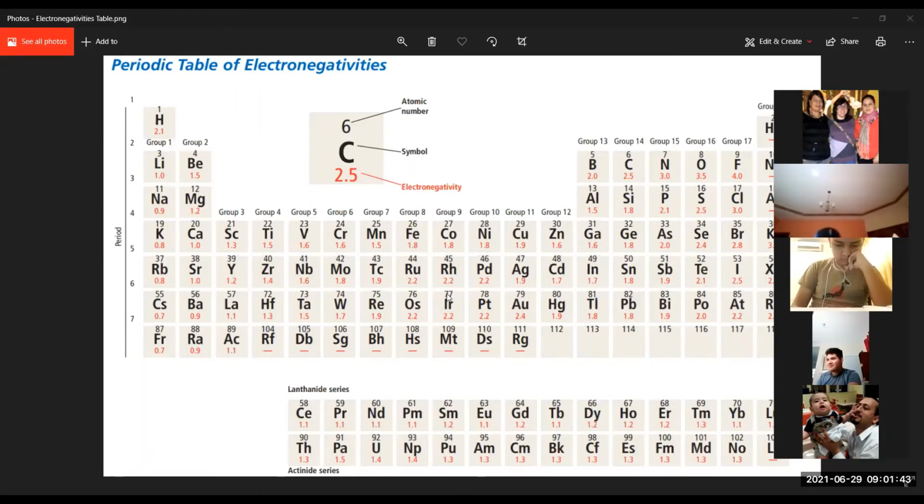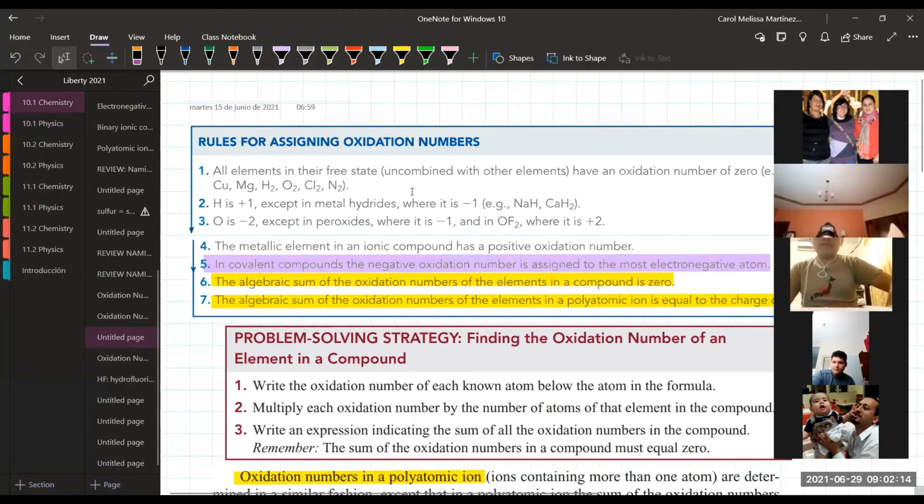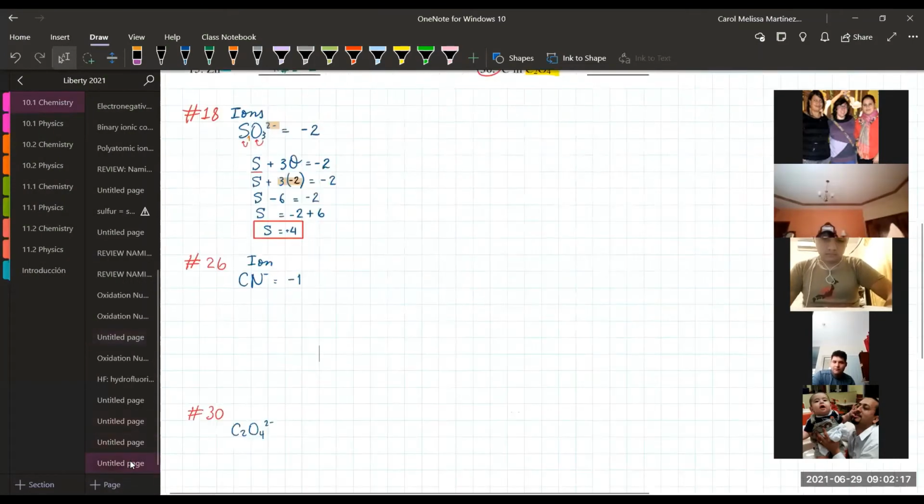Okay, take a look at the electronegativity of carbon. It is 2.5. The electronegativity for nitrogen is 3.0. Okay? Remember these values. Javier, are you in my class or are you being distracted by the TV or something else? Carbon is 2.5 while nitrogen is 3.0. So now I go back. I don't know if you are seeing my whiteboard now. Are you seeing? Yes. Okay, good.